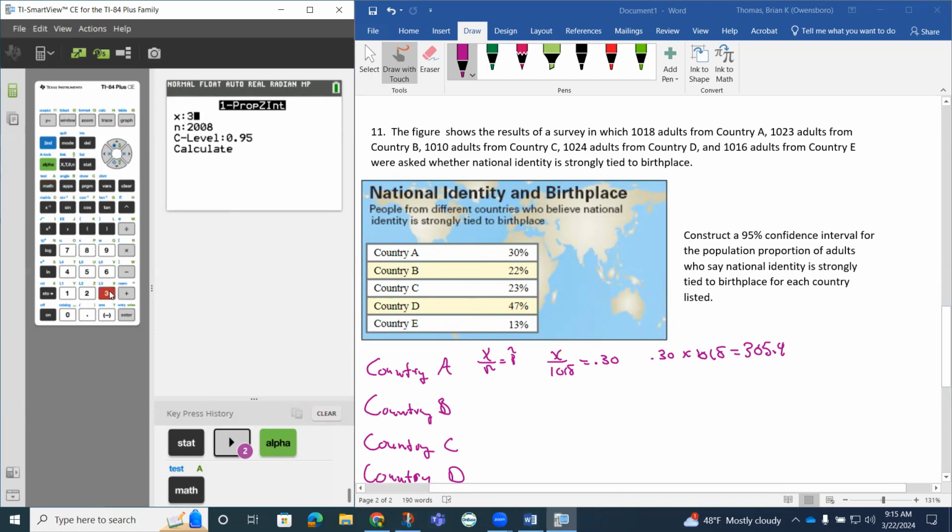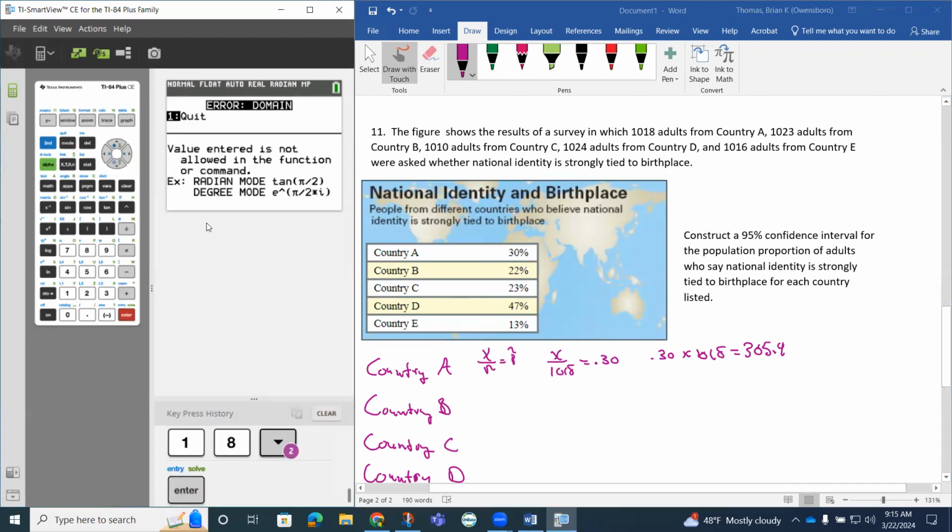I'm thinking we'll get an error. So if we do 305.4 as the number of successes, that sounds weird. Then the 1018 there, we calculate, and notice we do get an error. So it does want us to enter a whole number for that.